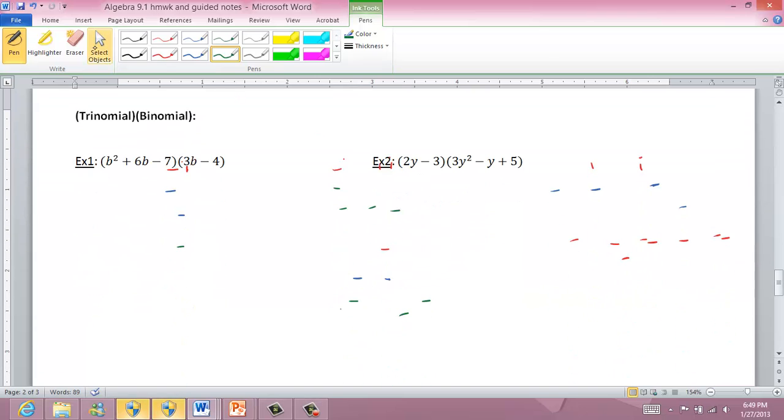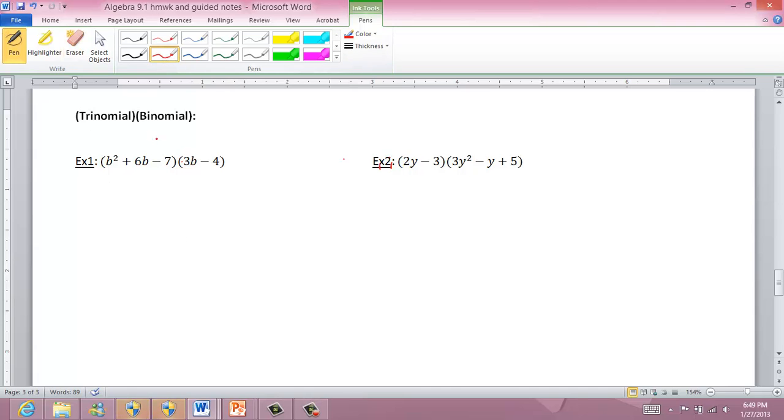Now, what happens if we have a trinomial times binomials, or even trinomials times trinomials? Well, the only thing that really changes is the number of distributions you have. Okay, one thing you need to know is the number of distributions you will have will always be equivalent to the number of terms in your first polynomial.